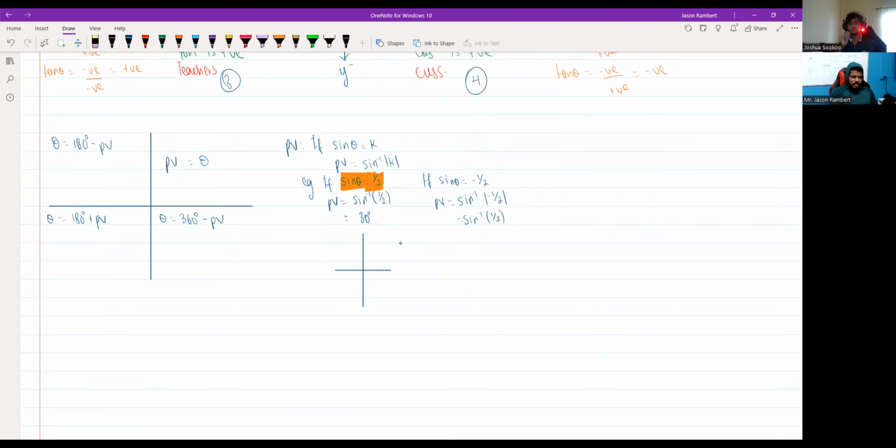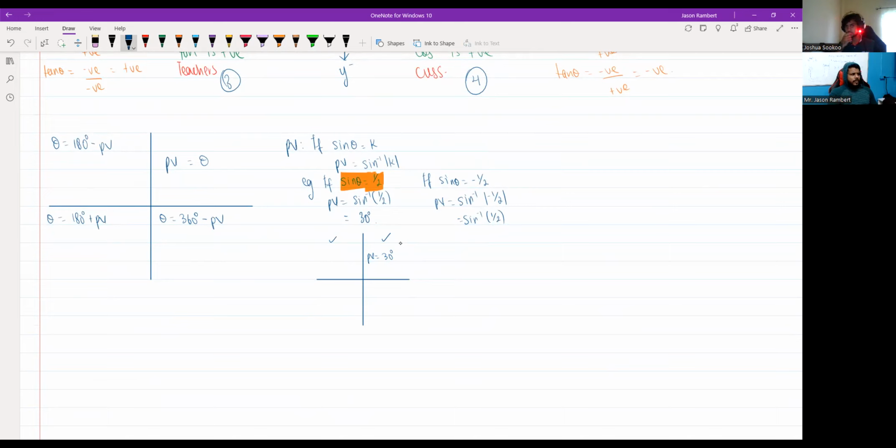I'll draw my little mini quadrant here. My principal value, which you have to calculate all the time, is equal to 30 degrees. Wherever you figure out where the angles are located, just mark them. It's in quadrant 1 and in quadrant 2. Now it's time to determine the values of theta.